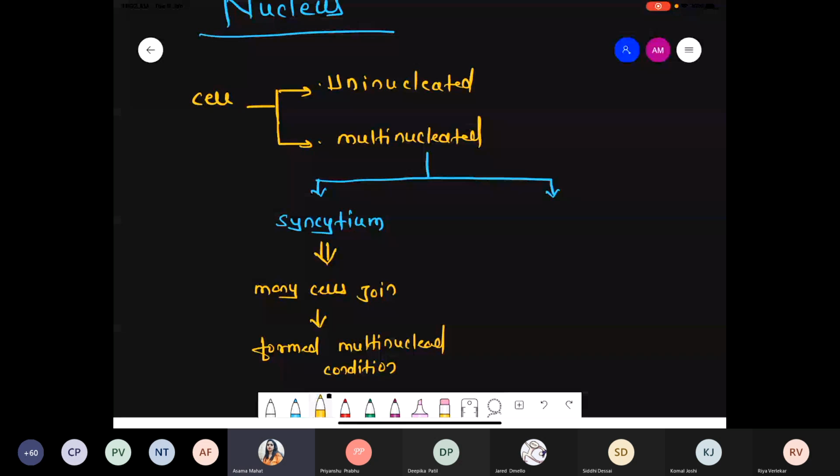Initially what happens, simply we are talking about fusion of the cell. Many cells get joined and now they form multinucleated condition. Such condition simply is called the syncytium condition. Another condition होता है sinusotic condition.